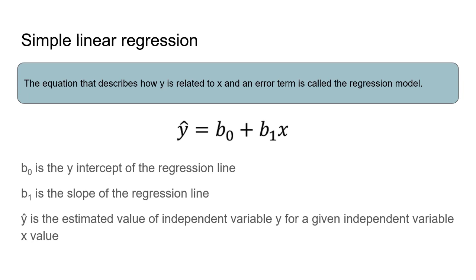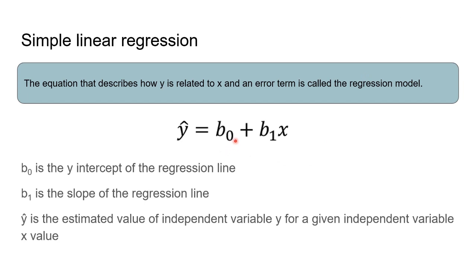This equation describes how something we are interested in, the dependent variable y, is related to an independent variable x in this regression model. This is the equation of a line, basically.